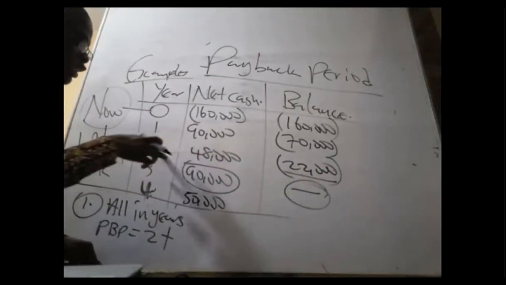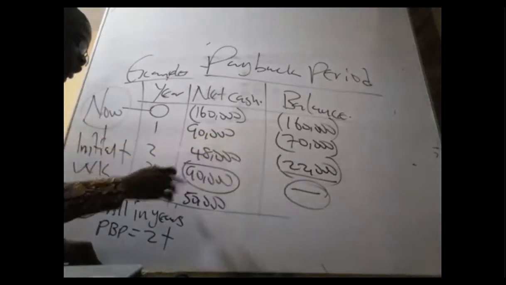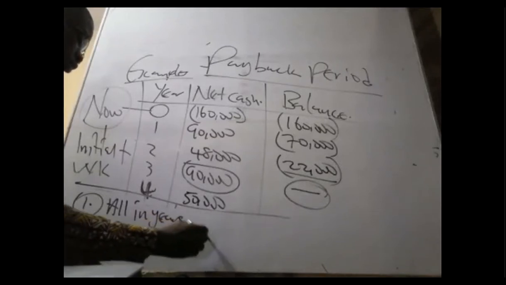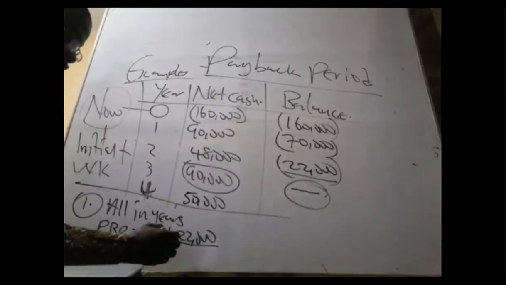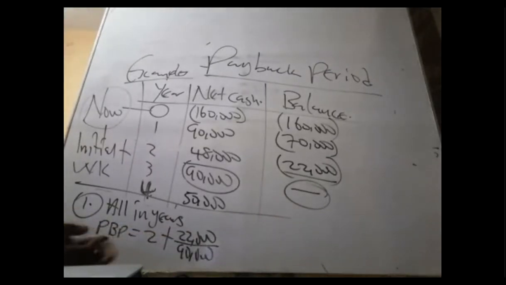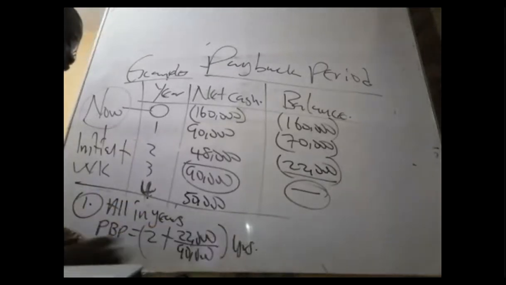What we pick here? Because here, year 2, 11, 22. If you pick the entire 22 from year 3's own, that becomes 22,000 all over 90,000. That is all. Then this answer becomes what? You solve this.